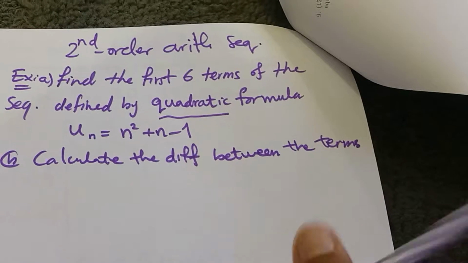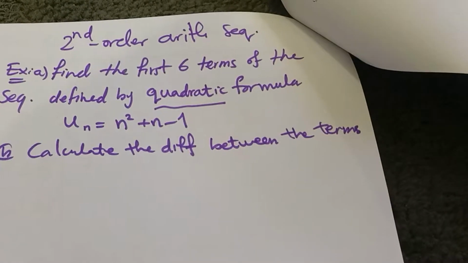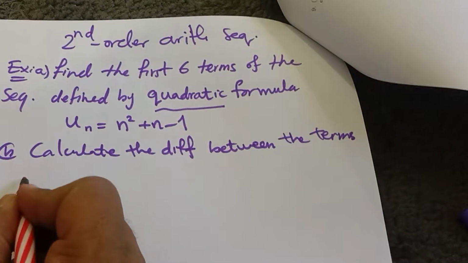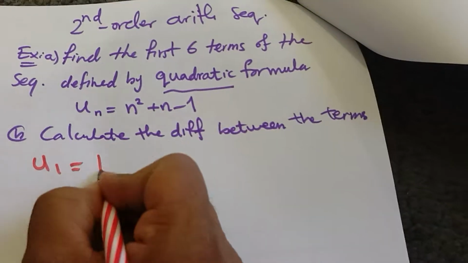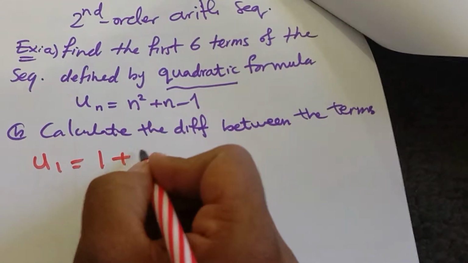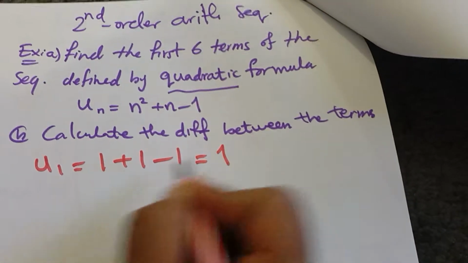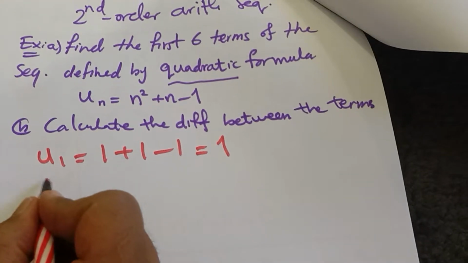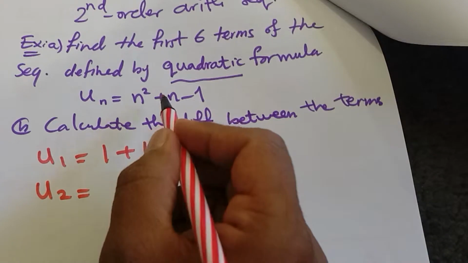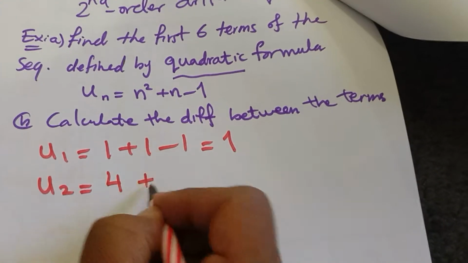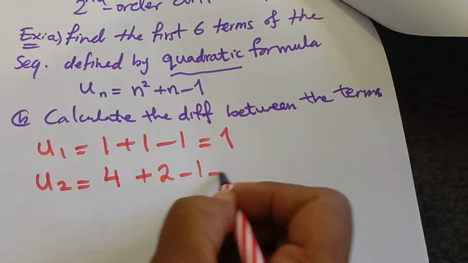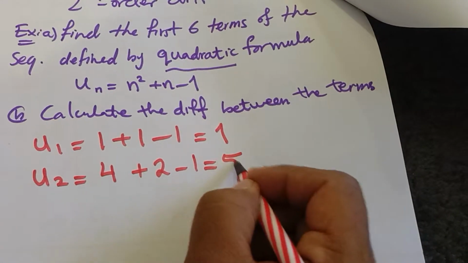If we substitute n equals 1, here is 1 squared plus 1, 1 squared is 1, plus 1 minus 1, and the answer is 1. The second one, if you substitute 2, you get 4, 2 squared is 4, plus 2 here minus 1, so that's 6 minus 1, which is 5.